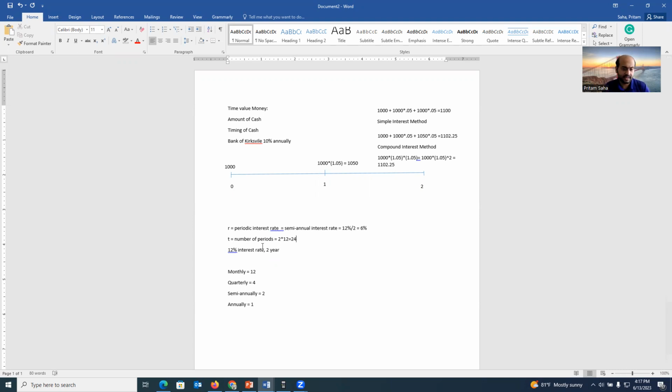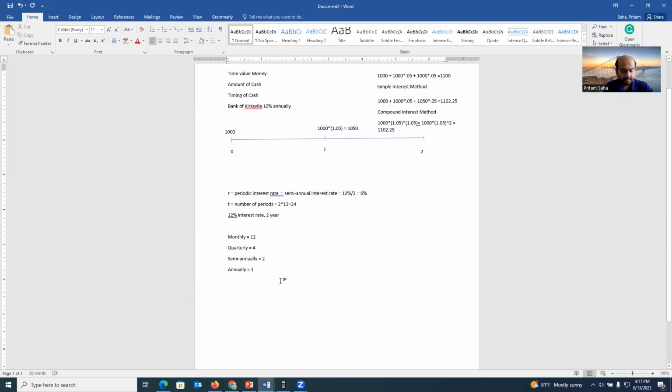When you say R, that means annual rate divided by M. Here, M means number of frequency. For month, it's 12. For quarter, it's 4. For semiannual, it's 2. For annual, it's 1. Okay.